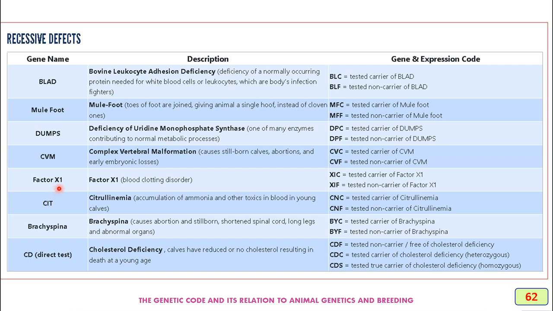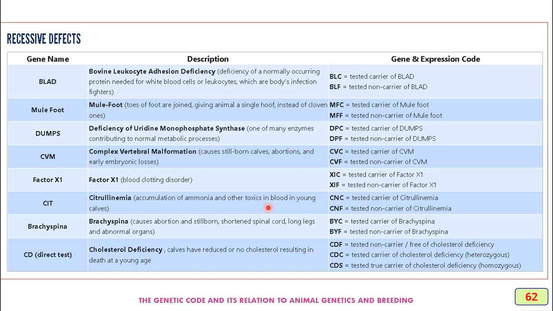And Factor XI may cause blood clotting disorders, and these are all genetic codes and expression codes. And CIT is citrullinemia, meaning accumulation of ammonia and other toxins in the blood of young calves. It is called a genetic disorder.